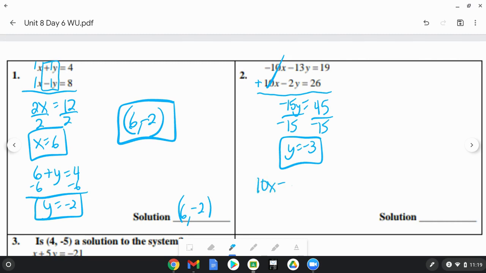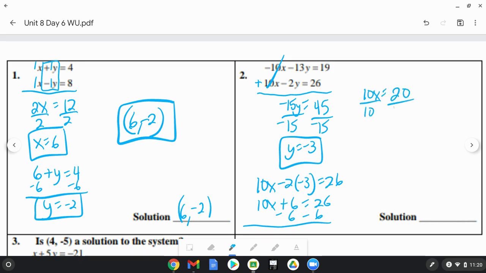So that'd be 10x minus 2 times negative 3 equals 26. So a negative times a negative is a positive 6. I'm going to subtract 6 over. And now I get 10x is equal to 20. Divide by 10, and I get x equals 2 in the end here. So now my answer would be 2 comma negative 3. So that's my answer for number 2.